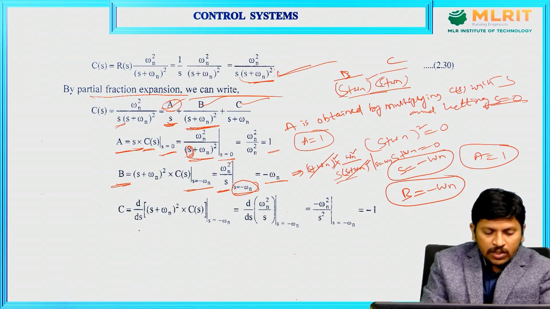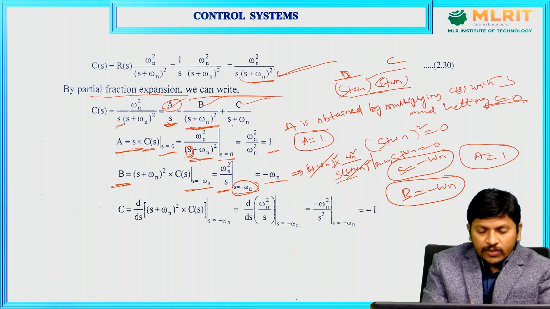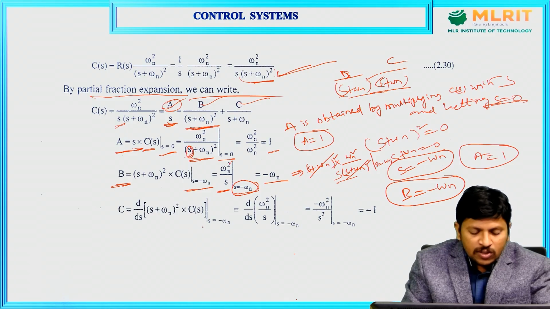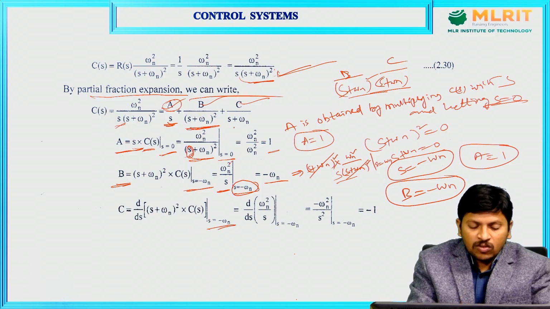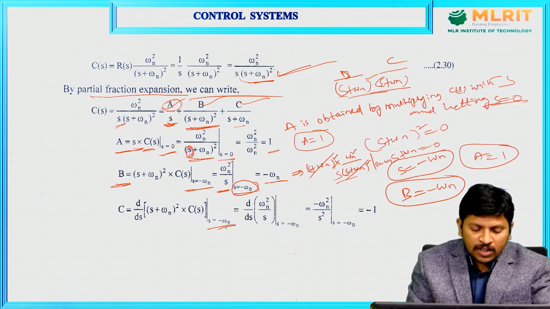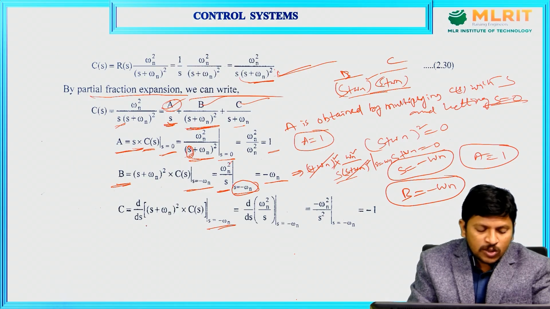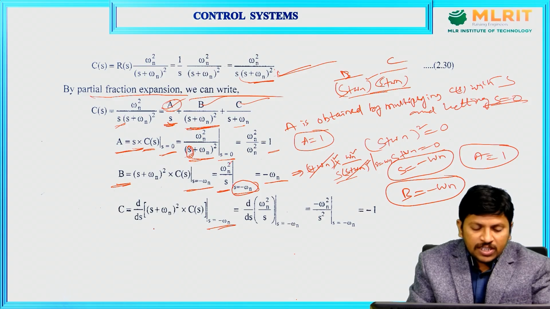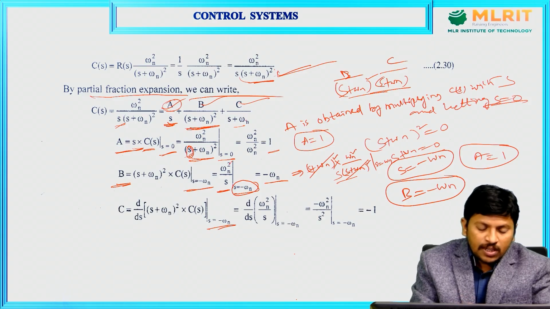the next equation, C here. Observe, C divided by S plus omega n whole square into C of S. Here substitute S equals to minus omega n, because the denominator S plus omega n equals 0. And here also, just differentiating this equation C, the B value is already calculated.